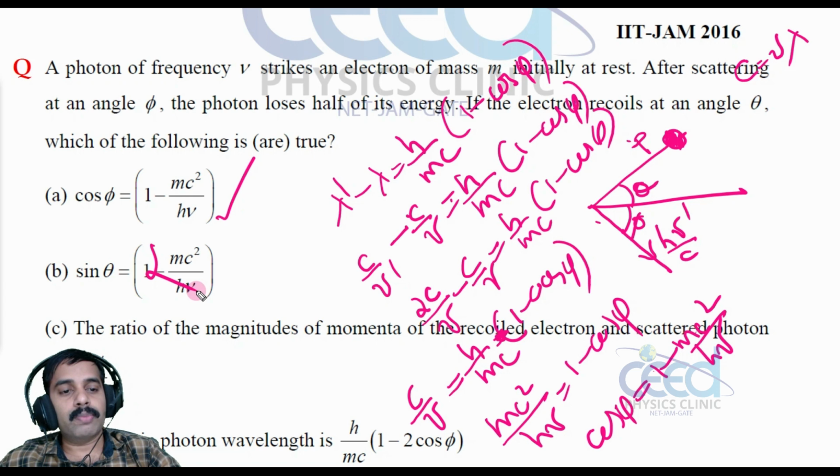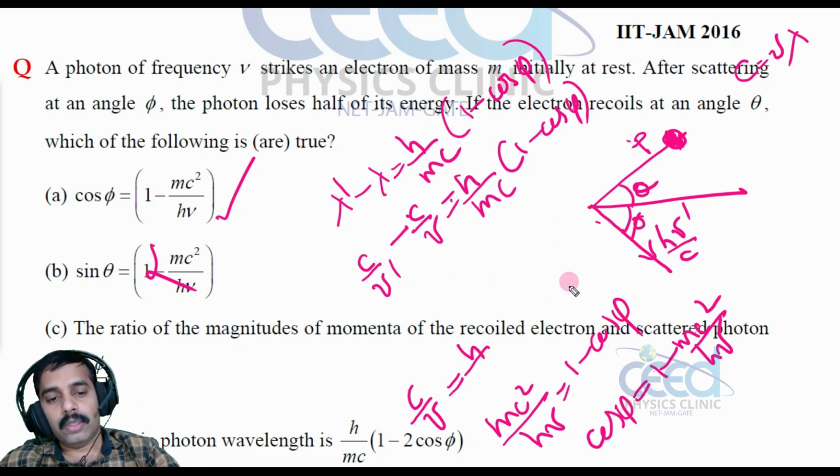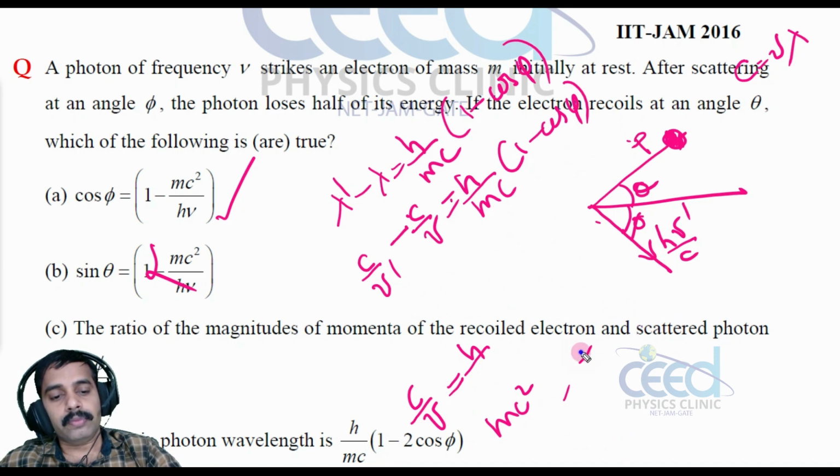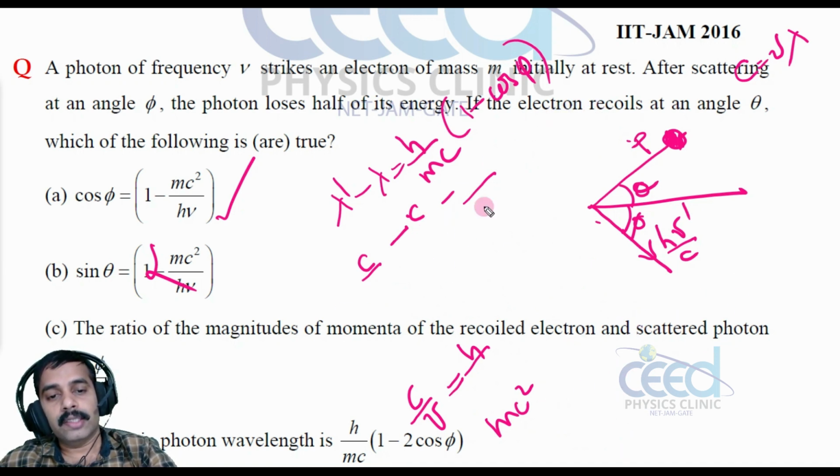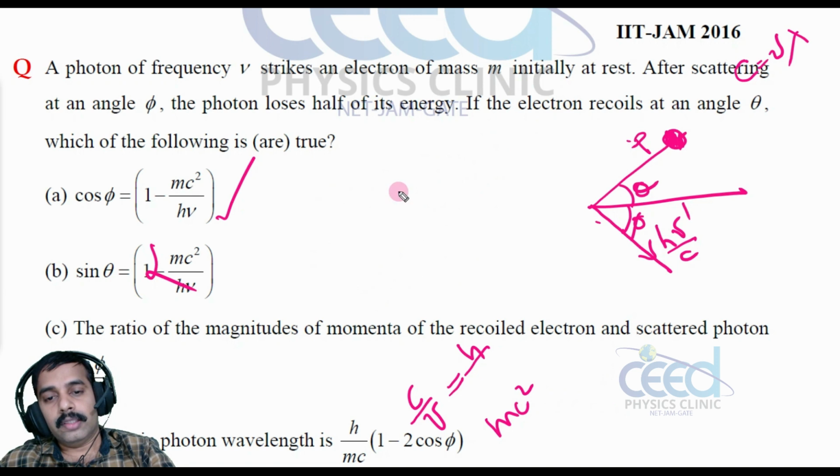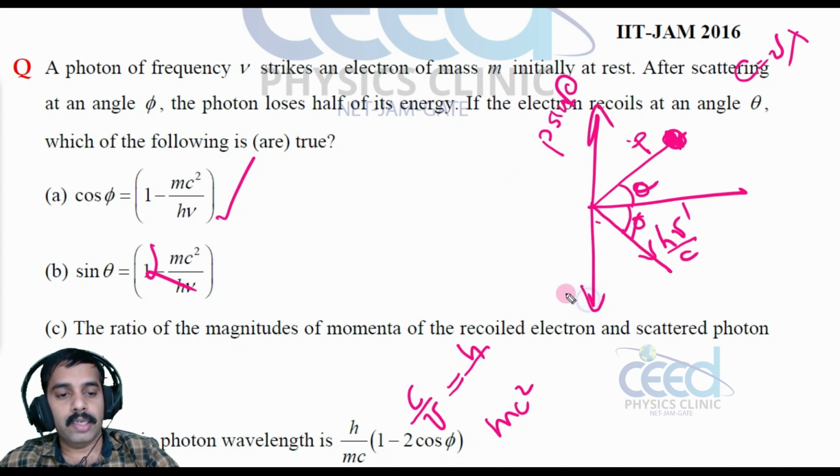By conservation of momentum, look into this diagram. The momentum is conserved, so the component of momentum here is p sin theta, and here it is h nu dash by c sin phi.